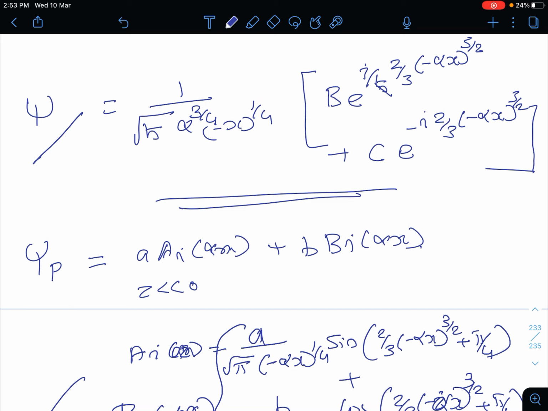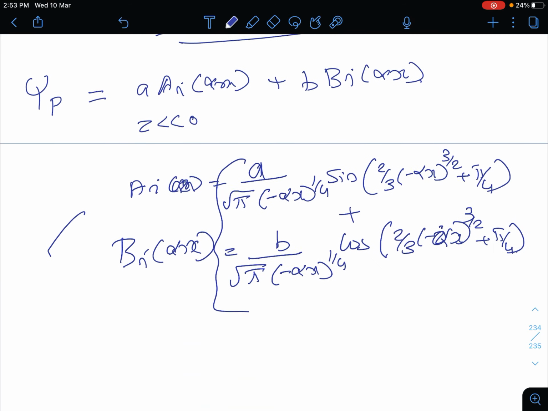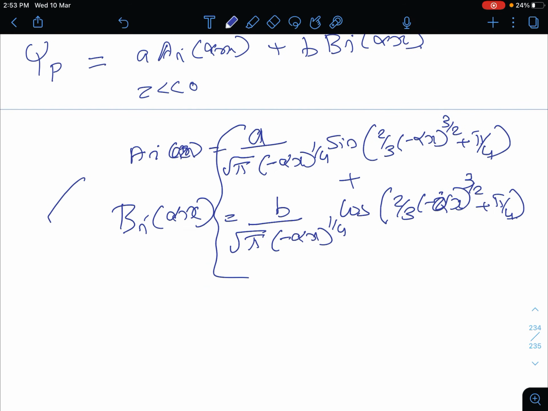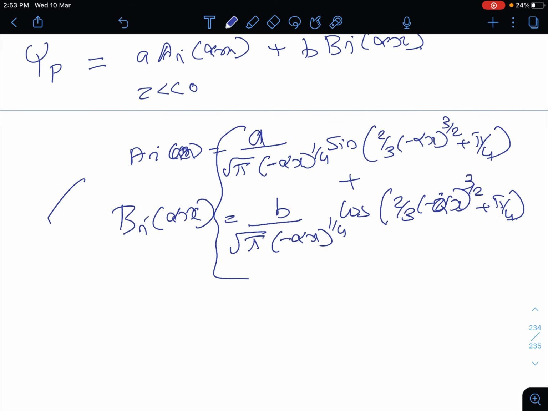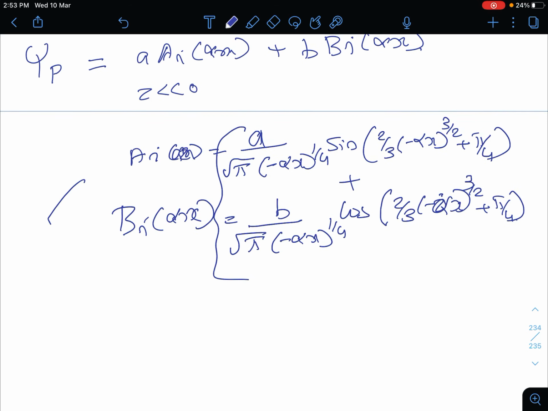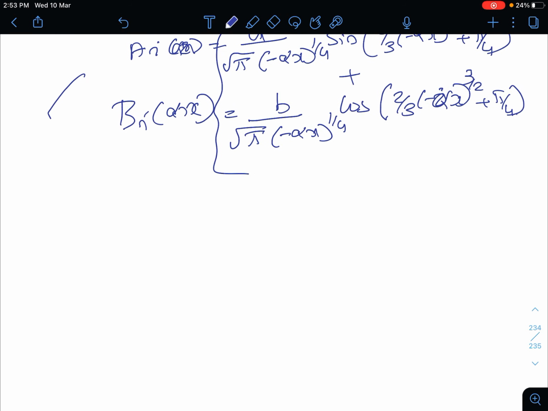Okay, so this is minus, so minus plus, okay, no problem. So now you have a cos function here. So when you compare this and equate the coefficients, what will happen?